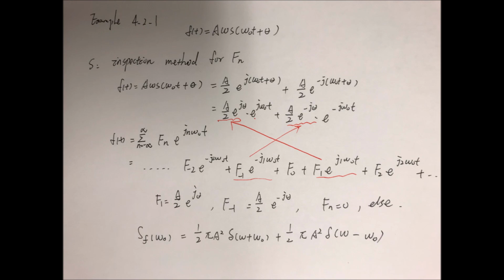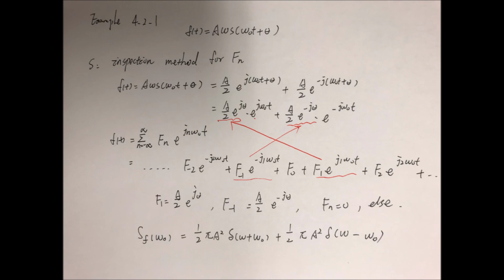Now we compare this one and this one. What do you get? This term is this term, right? So I have e^{jω0t}, so that means F1 is here, half a e^{jθ}.